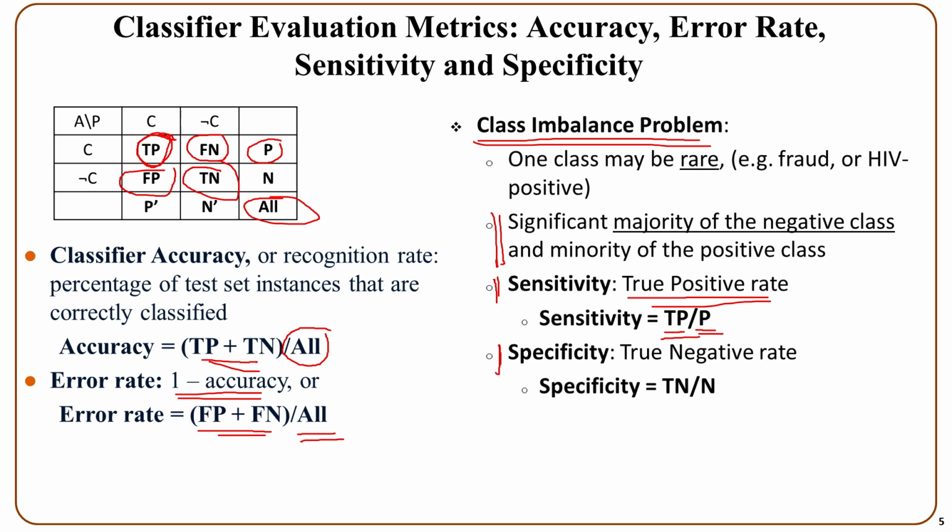And specificity, also called true negative rate, is defined as the number of true negatives divided by the number of negatives. So with this case, you would have to look at other metrics as well.